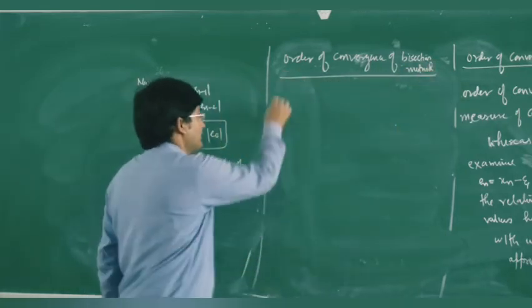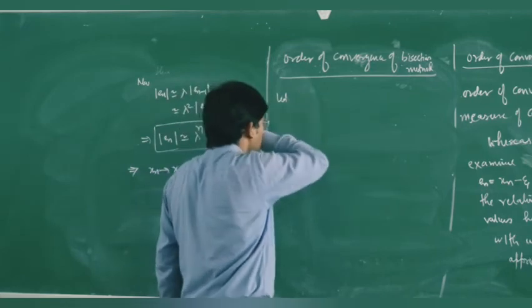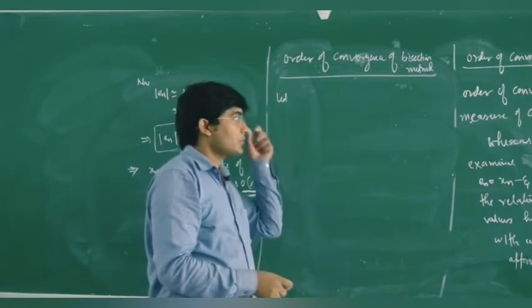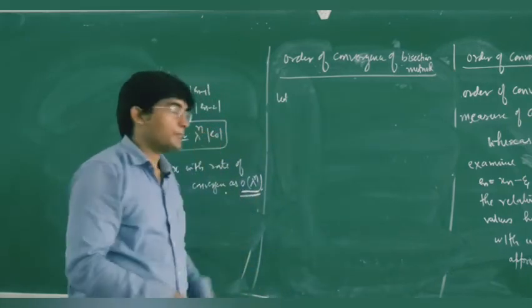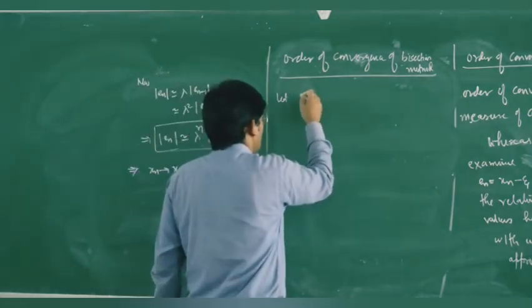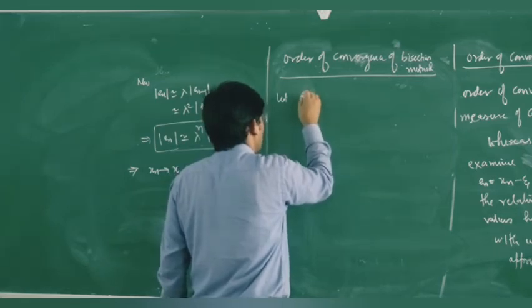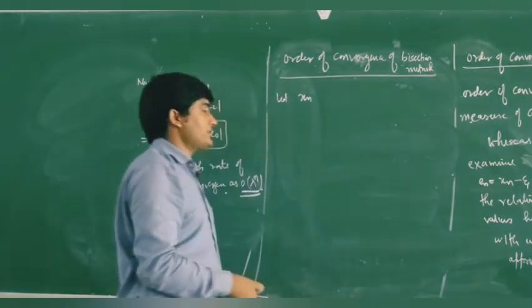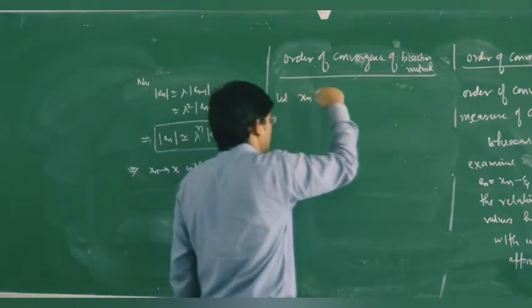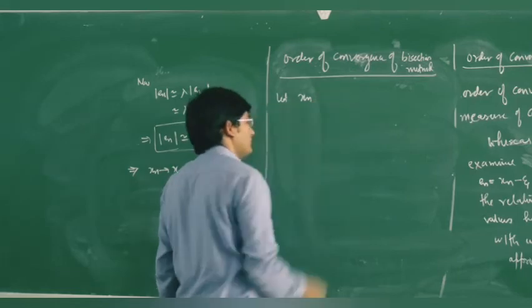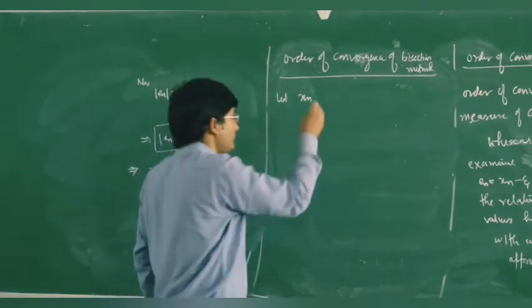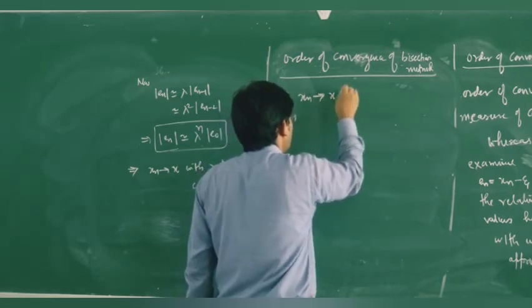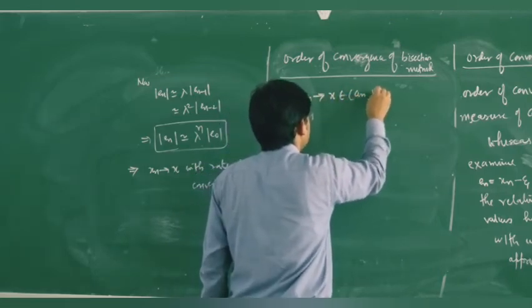Suppose that the sequence xn is converging to the exact value x in the interval an comma bn.